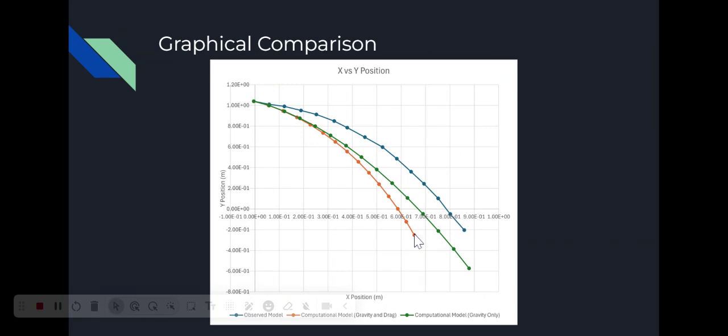And as you can see, the y positions of the computational model with gravity and drag and the observed model line up more closely, and their overall shape seems to be more similar, but there is a clear difference in the x position, as the x positions of the computational model with gravity only and the observed model seem to align more closely.